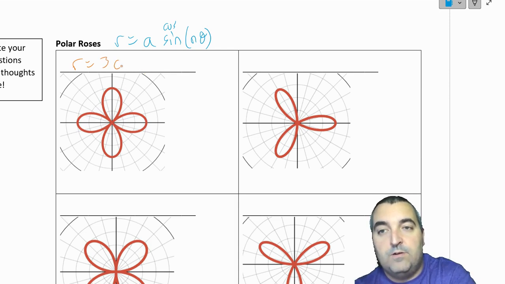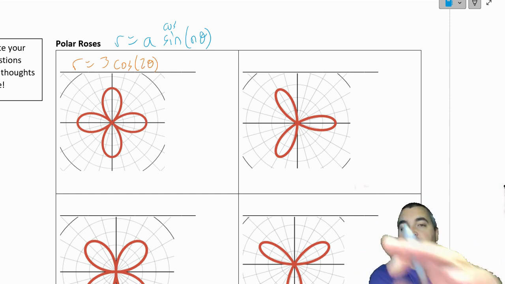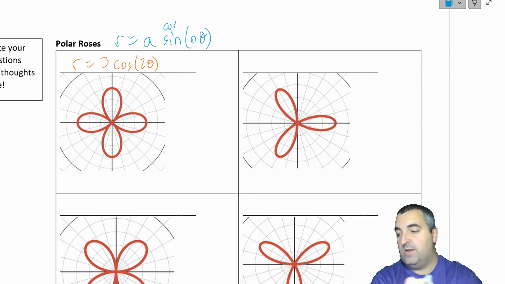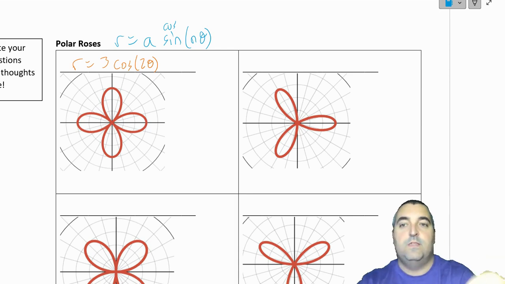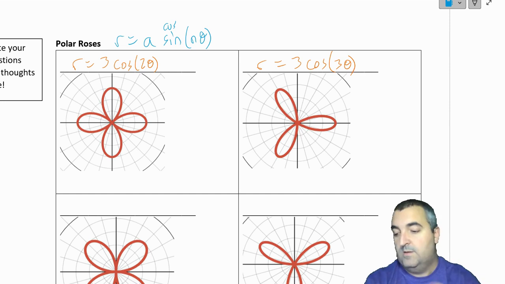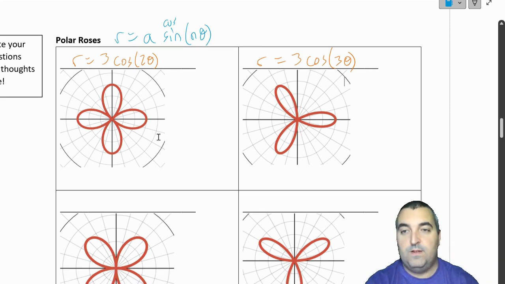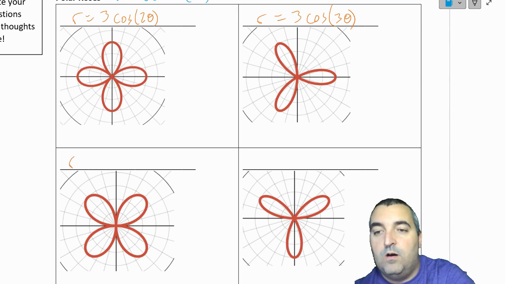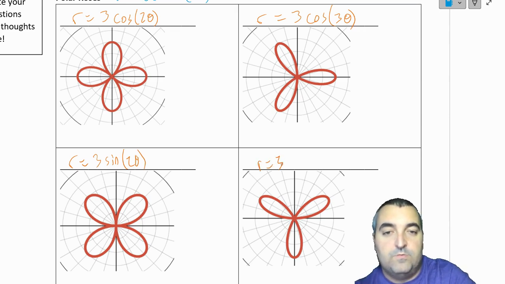Like I said, I will talk about what the patterns are here, and maybe you'll see them as we keep going. This one is r equals 3 cosine of 3 theta. The next one is r equals 3 sine of 2 theta. And then the last one is r equals 3 sine of 3 theta.